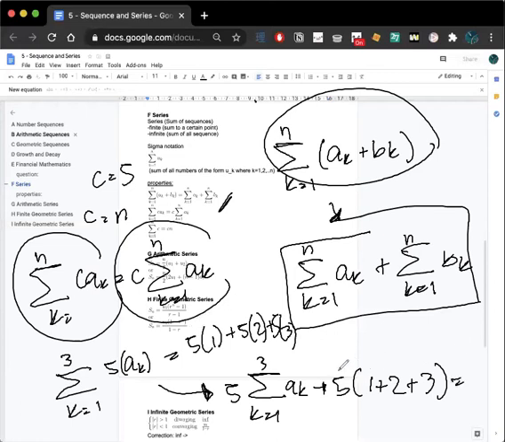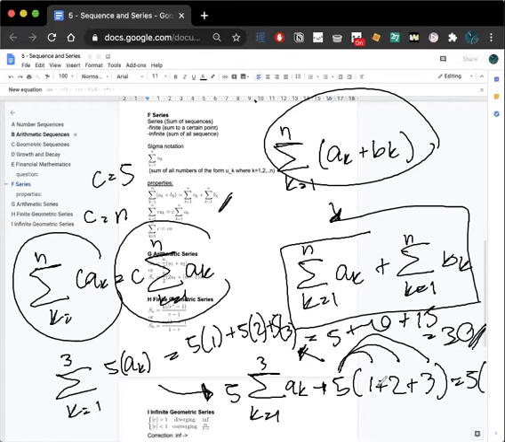If you multiply this way, you will get the same result as this. So that would be 5 plus 10 plus 15, which is 30. This is also 30: 5 times (1 plus 2 plus 3) is 5 times 6, which is 30.